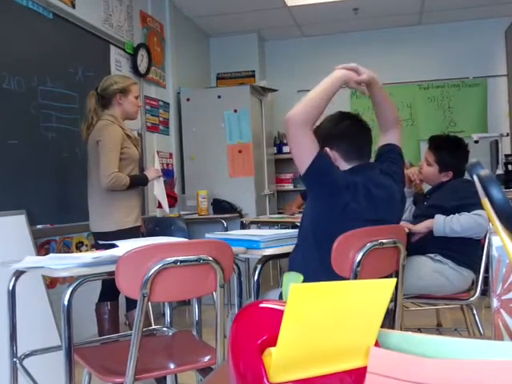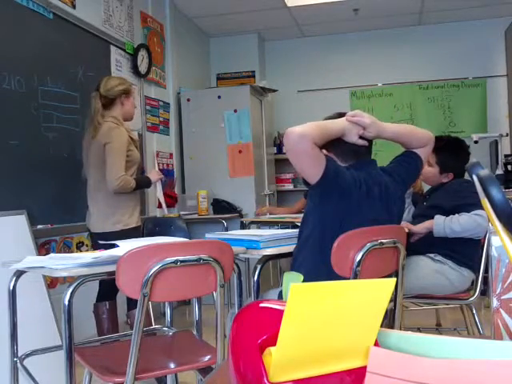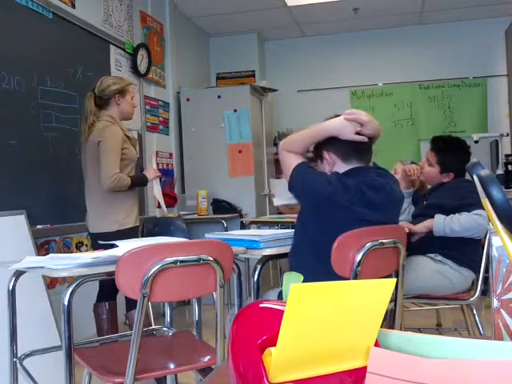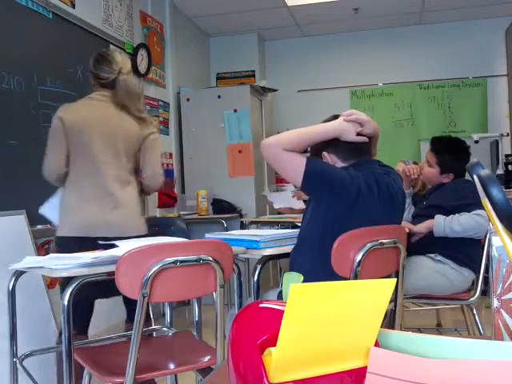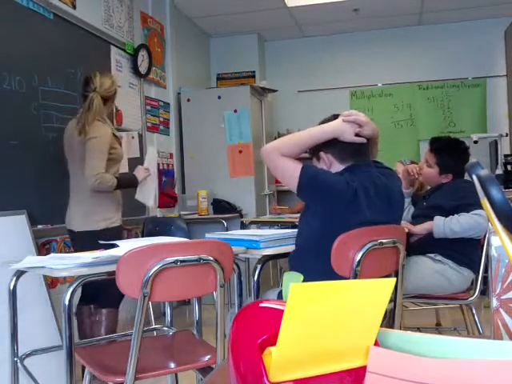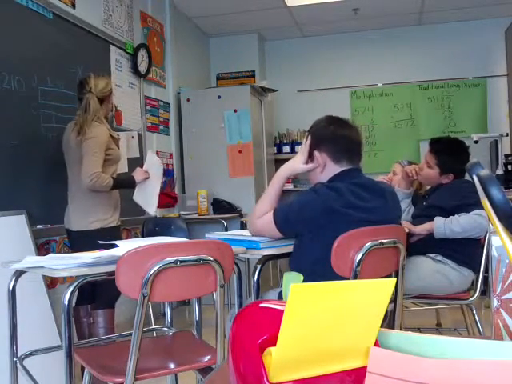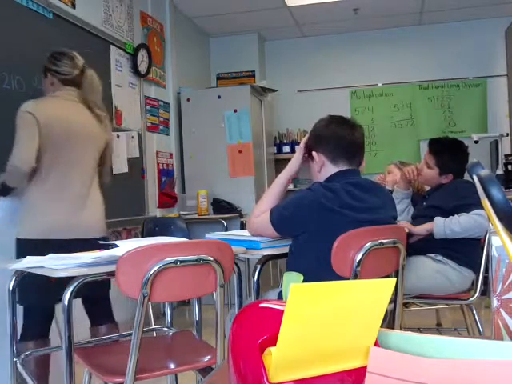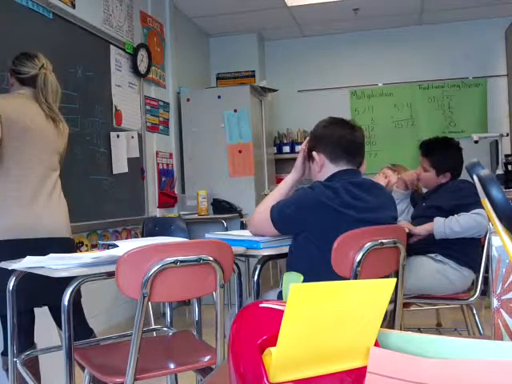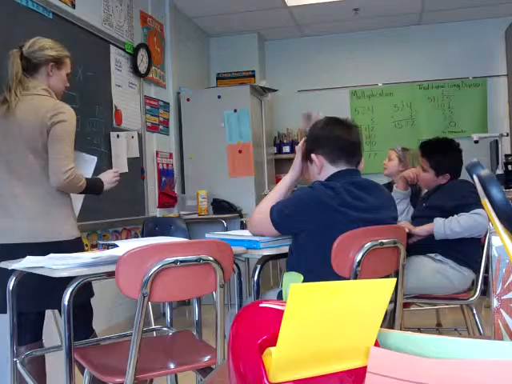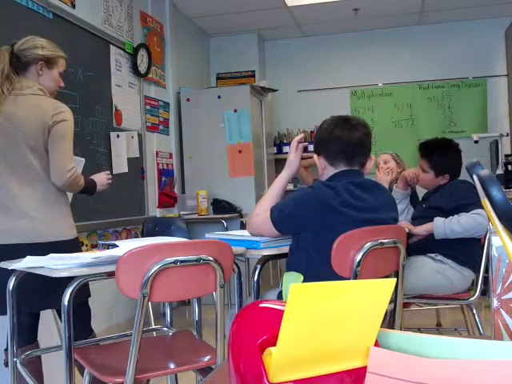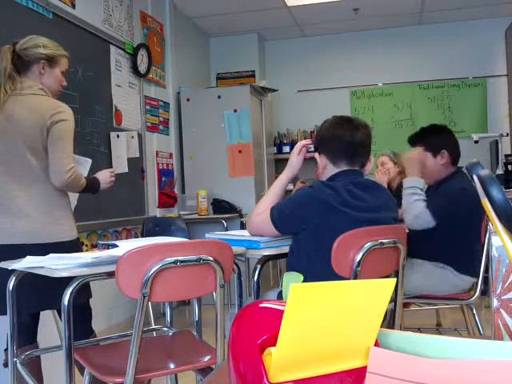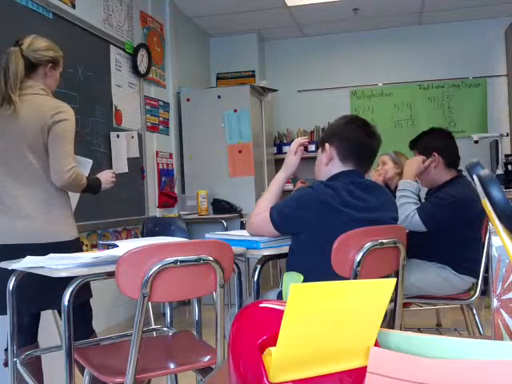Multiplication. So, if we know that 210 divided by 3 equals 70, then 3 times what? 3 times 70.